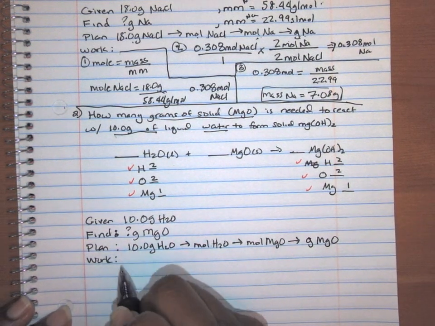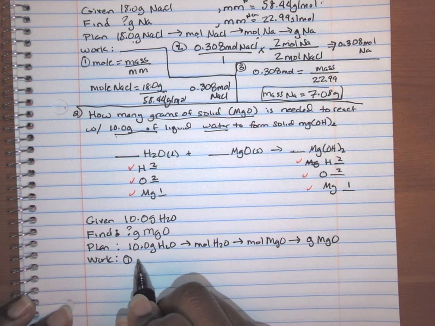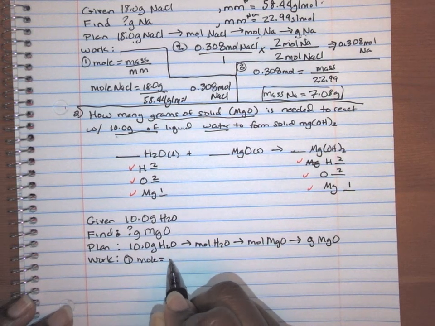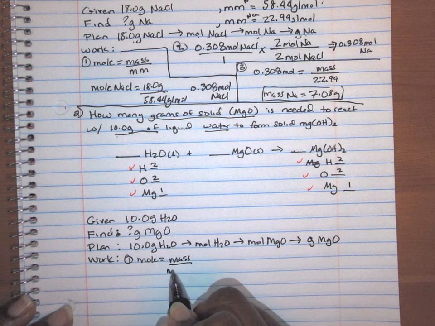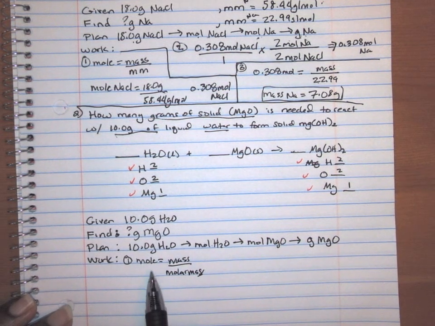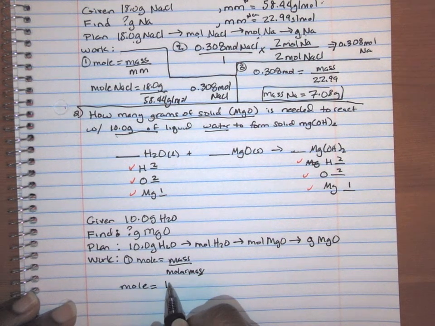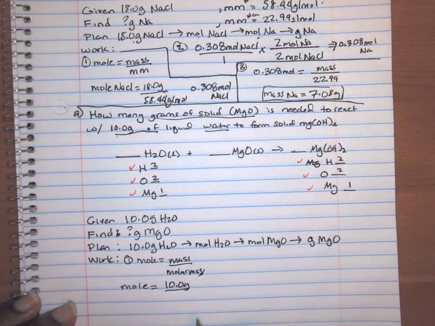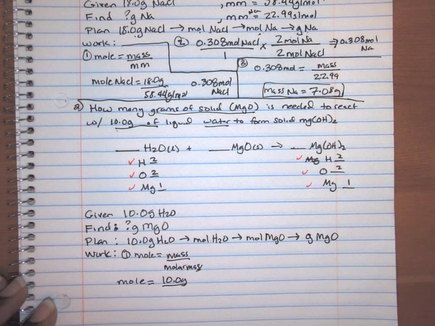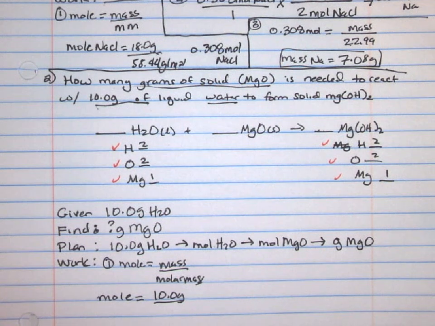So again, step 1. Going from grams of water to moles of water, I'm going to use mole equals mass over molar mass. I'm looking for the moles, and I have the mass as 10 grams. I need the molar mass of water, and for that we would use the periodic table.